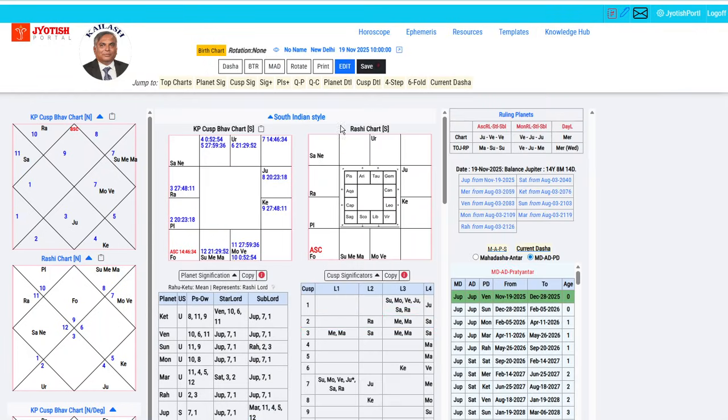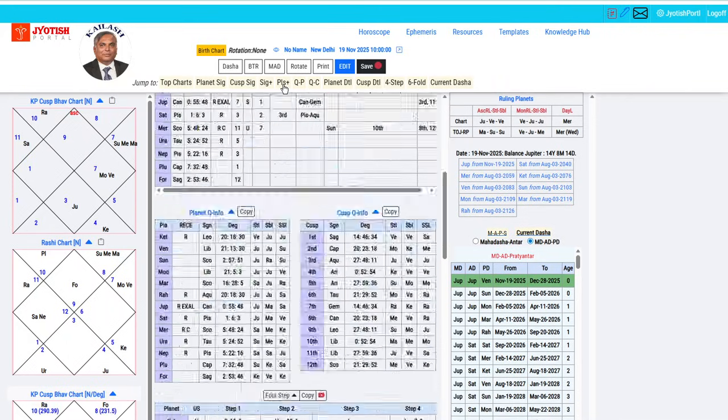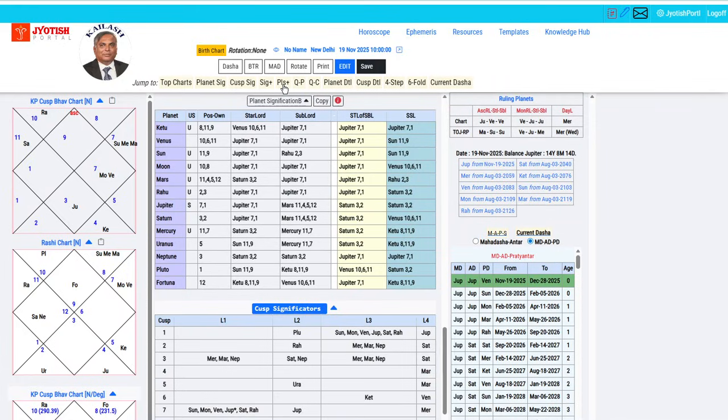When you generate a chart, you have to click on this particular option. PLS plus basically means planet signification plus. That means some additional signification information for the planets. When you click on it, it will take you to this particular table.